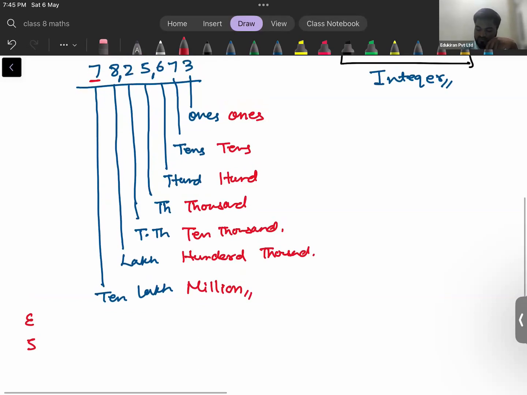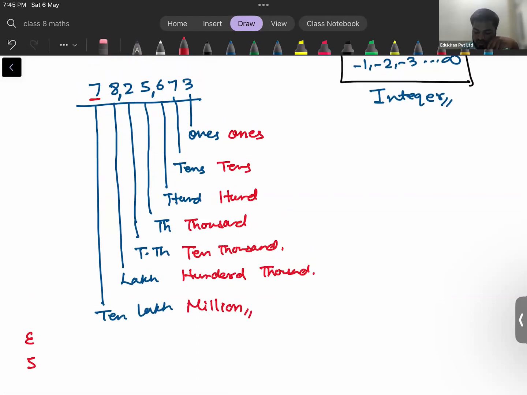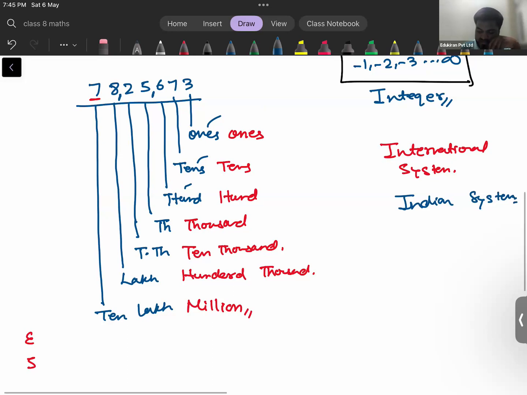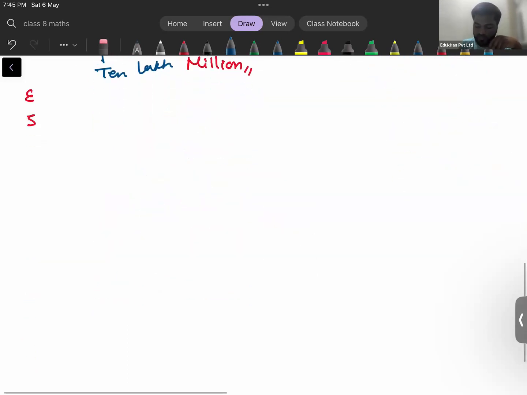So these red ones here are the international system, and these ones are the Indian system. So that was a very basic thing.